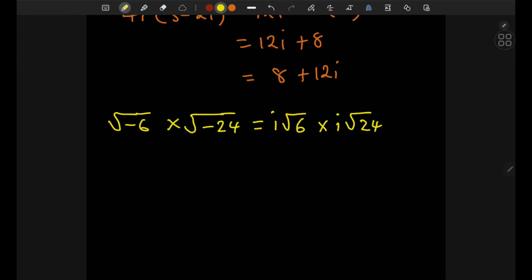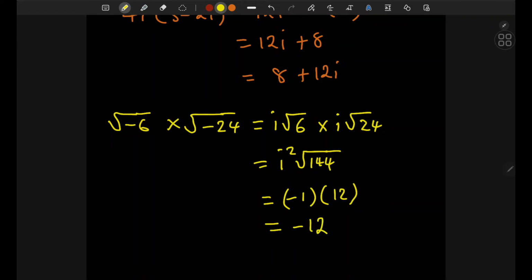Then we can simplify. So we'll have i multiplying with i, that is i squared. Then square root of 6 multiplied with square root of 24, we'll have the square root of 144. Square root of 144 we know is 12. And i squared is negative 1. So we'll have negative 1 multiplying with 12. And our final solution is negative 12.